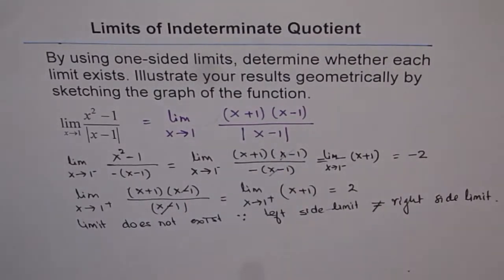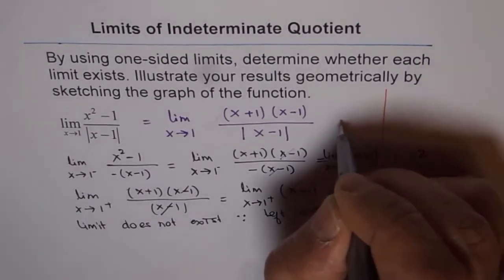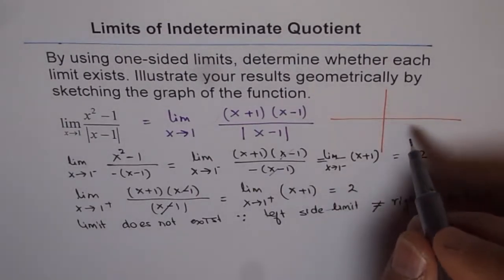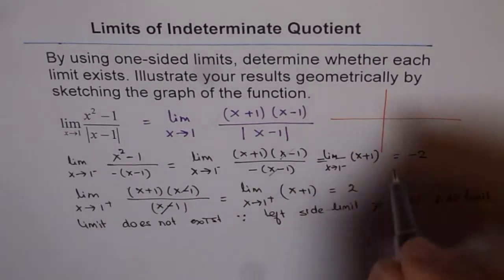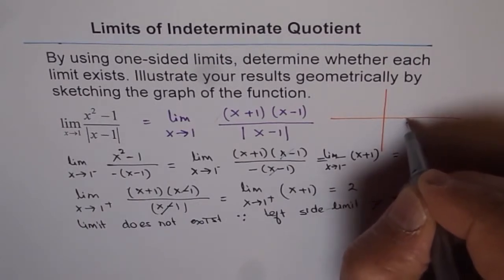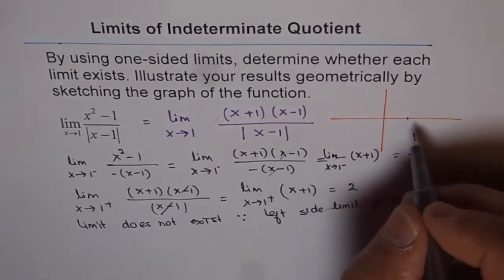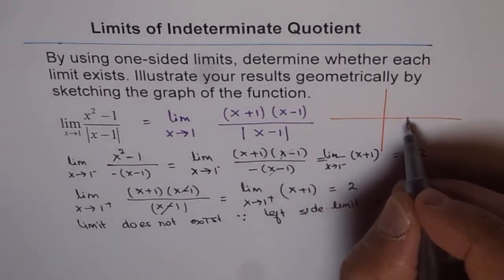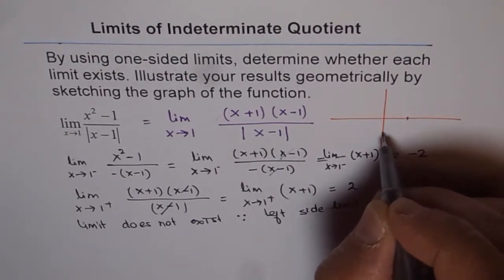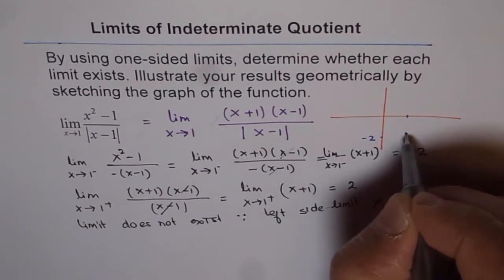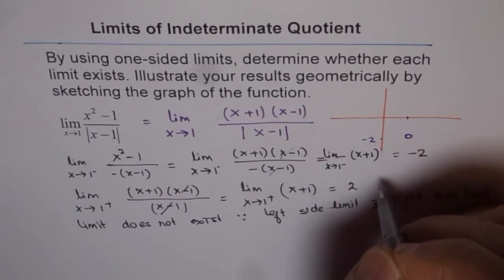So if we try to sketch this graph, let me squeeze in a graph here itself. What you find is that there is a discontinuity at x equals 1. So let us say this is our point 1, right? When we are approaching 1 from the left side, we get to a value of minus 2. So let's say this is minus 2, and so there is a hole at minus 2.